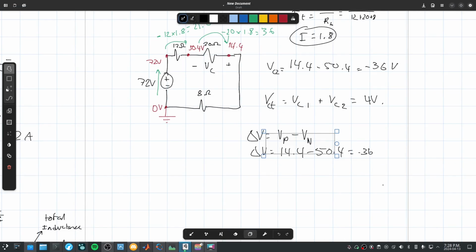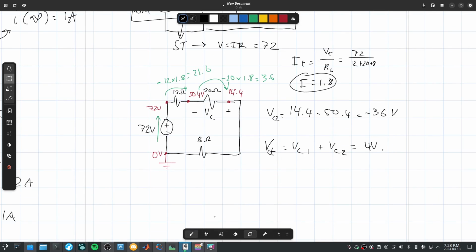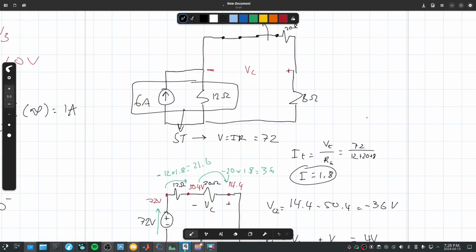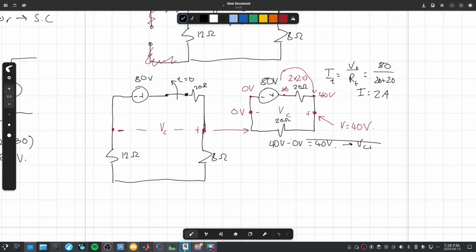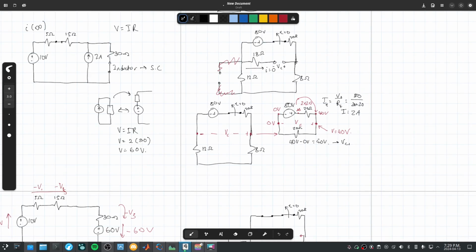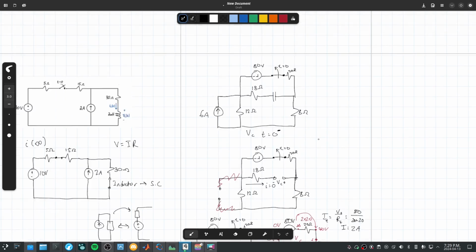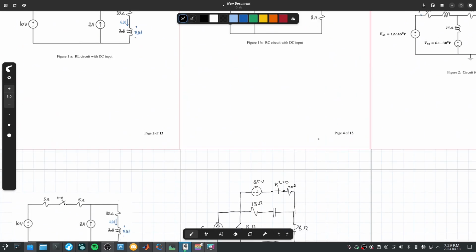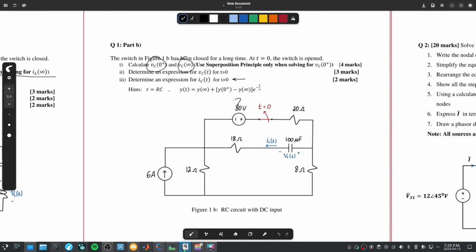Another question: what's V1 and V2 again? V2 is the one that we just solved here, so that's negative 36 volts. And VC1 is solved here, with just the voltage source. It's VC1 and VC2 because we're doing superposition. So we solved with the voltage first, and then with the current second.